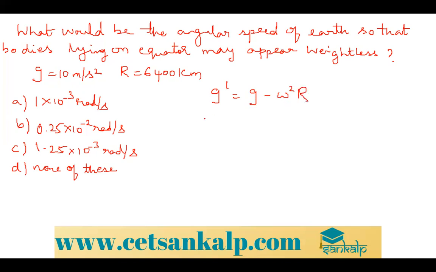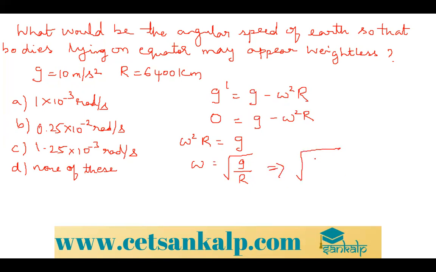They have told that if we want to feel weightless, this should be 0. So 0 is equal to g minus omega square r. So omega square r is equal to g. So omega is equal to root of g divided by r. So root of g is 10 divided by 6400.